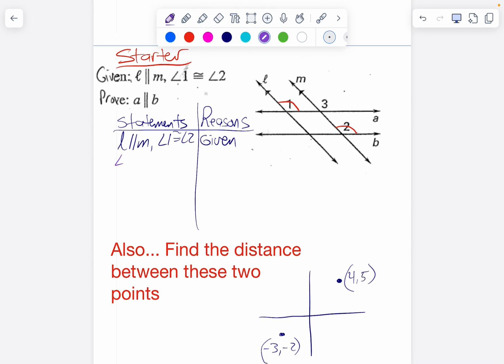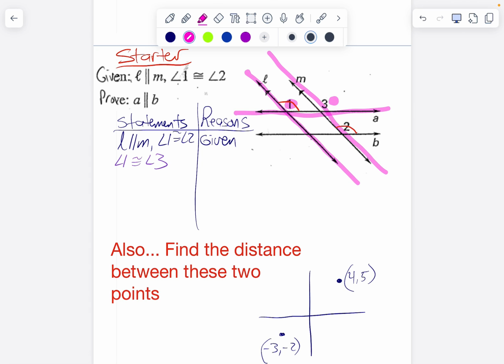Let's see. So we're looking at these parallel lines with that transversal, and it's that situation.